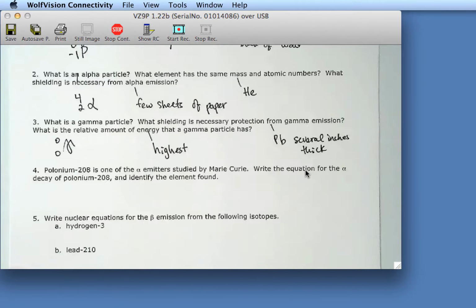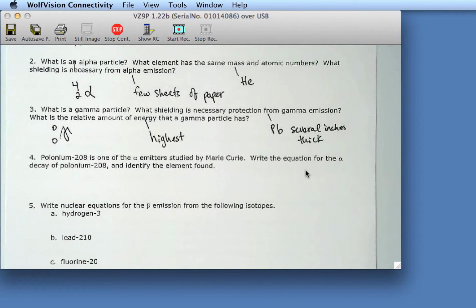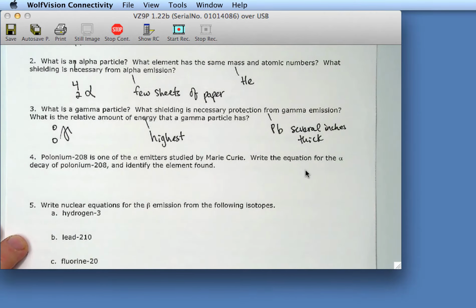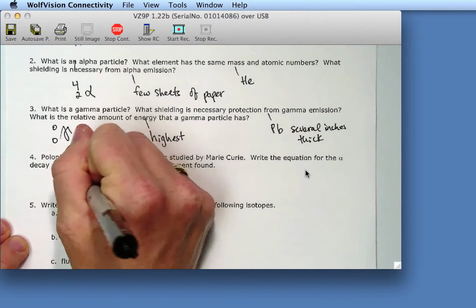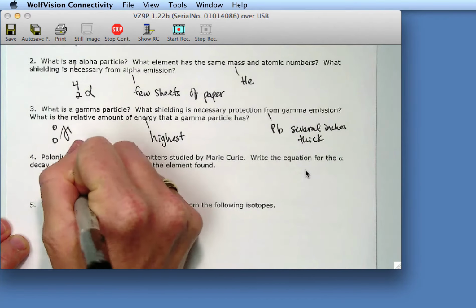So, okay, polonium-208, it's one of the alpha emitters studied by Marie Curie. Write the equation for the alpha decay of polonium-208, and identify the element found. So polonium is Po-208, 84.